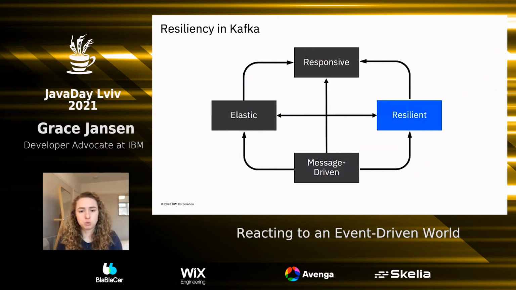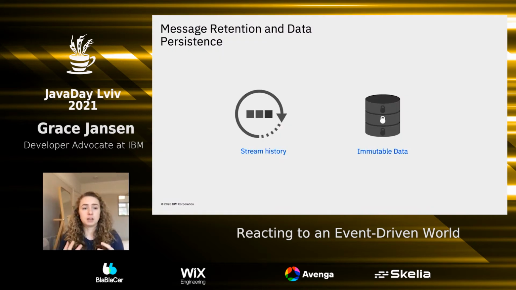It's really important that we build in these resiliencies, and actually there are many different features in Kafka that enable that resiliency built in. Kafka has the ability to retain messages, so it's different from traditional queuing systems in that it provides this stream history. When a consumer reads a record from Kafka, that record isn't removed from the topic. So both the consumer and any other consumers could reconsume that record at a later time.